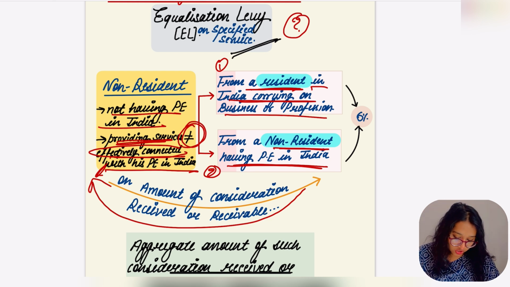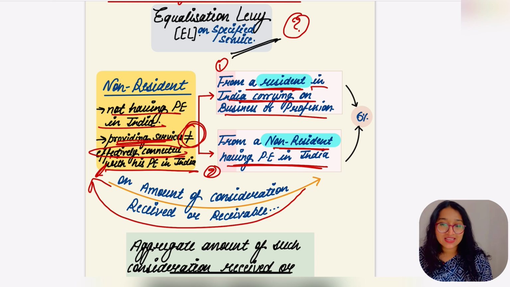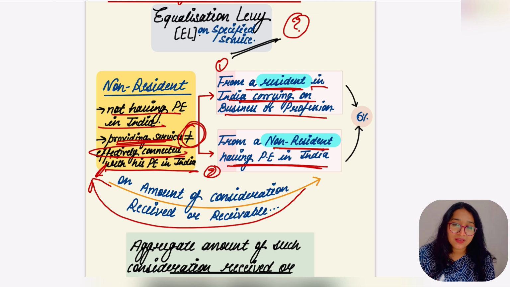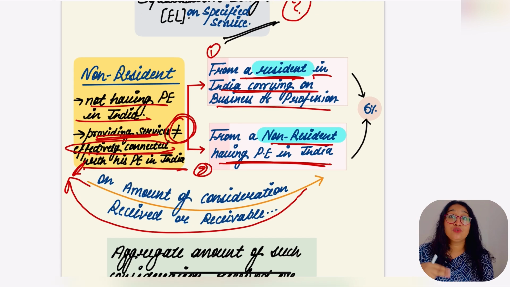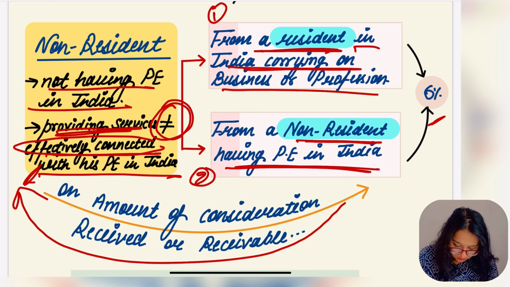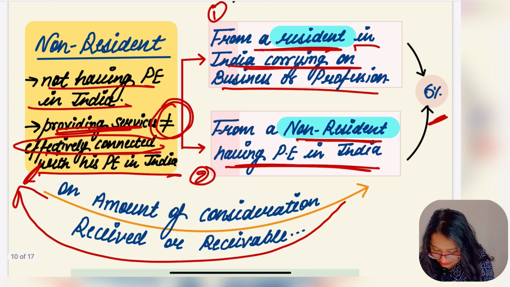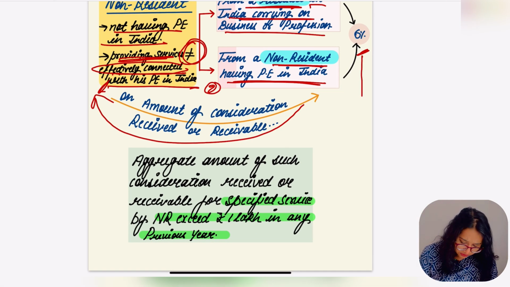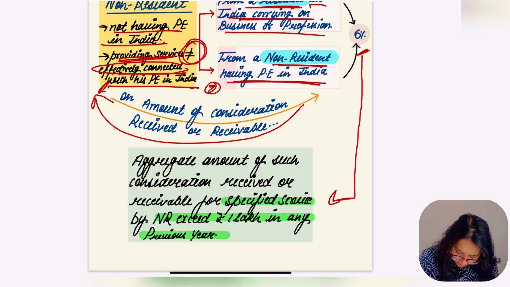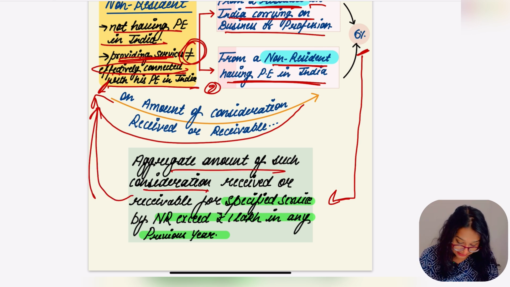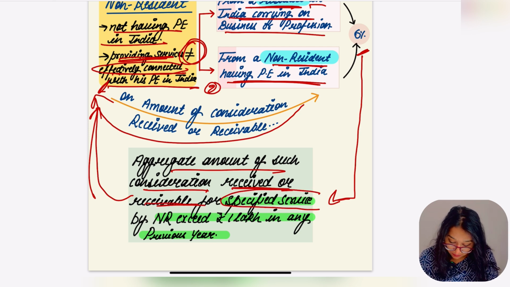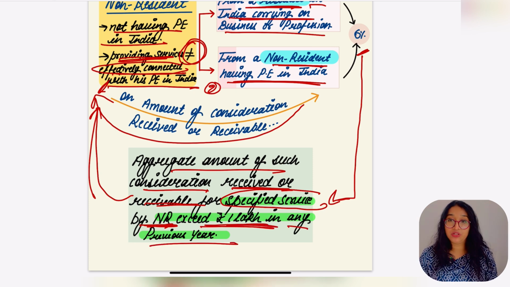Now the very first question that comes is, what is the rate? Second question, who is the party going to pay the equalization levy and to whom, right? So 6% equalization levy is imposed, but only if the aggregate amount of such consideration received or receivable by the non-resident for the specified service exceeds 1 lakh in the previous year.